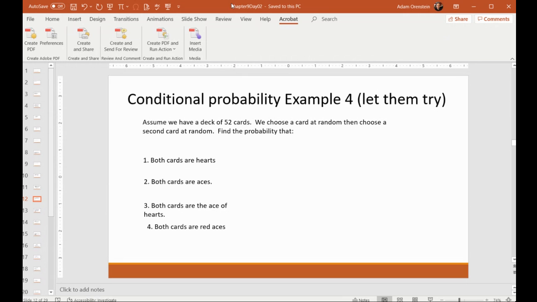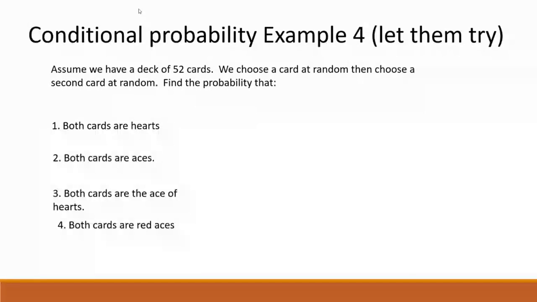So here what we have is a deck of 52 cards, okay? And what we're doing is choosing a card at random. We're noting what the card is, and then we're choosing a second card. So it's really kind of like the marble example, right? You're choosing something, you're not putting it back though.